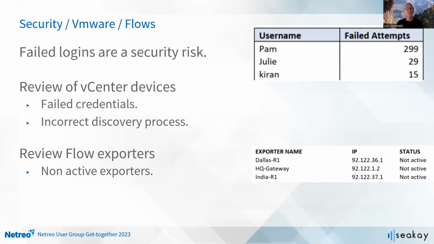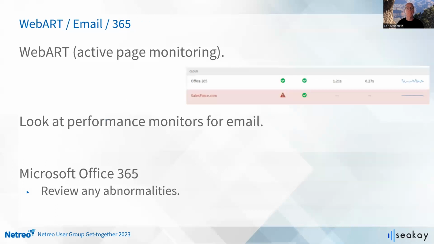But if you've done an auto discover of a vCenter device, it now becomes a challenge. We also review flow exporters and whether or not they're active anymore. WebArt, email, 365, these are all things we're looking at, and we're looking at the performance of each of these and any abnormalities.